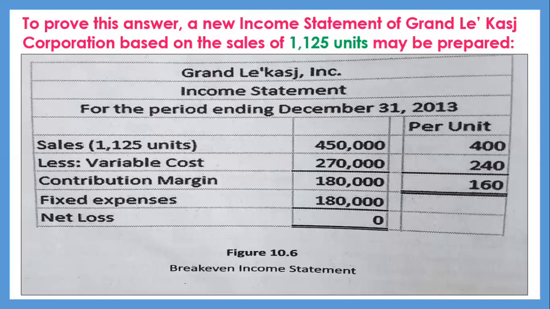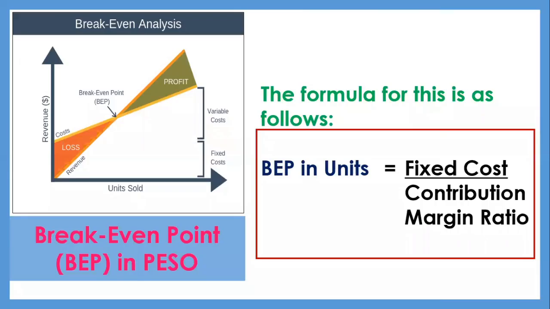So the other way in computing the break-even point would be the break-even point in peso. And the formula of break-even point in peso, again, that's not units, it's in peso. That's a typo error. So the formula for break-even point in peso would be equal to fixed cost all over contribution margin ratio.